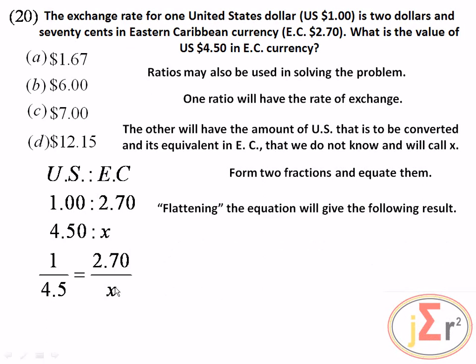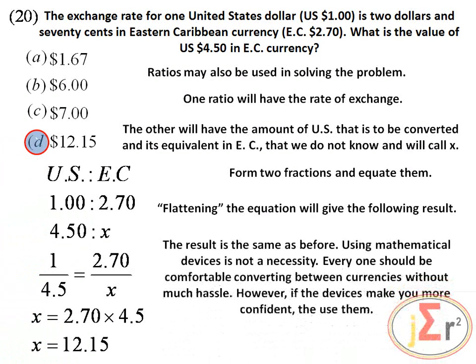We will have this x multiplying here and this 4.5 multiplying here, but that's not cross multiplication, that's eliminating the denominators. So the result is what we had from the beginning, multiplying $4.50 by the rate of exchange, which is 2.7, and the answer is the same. The result is the same as before.